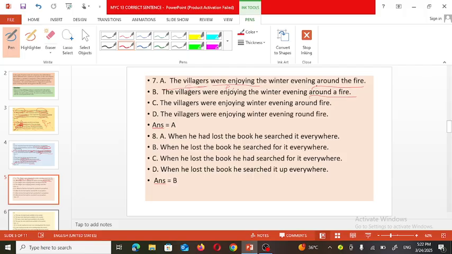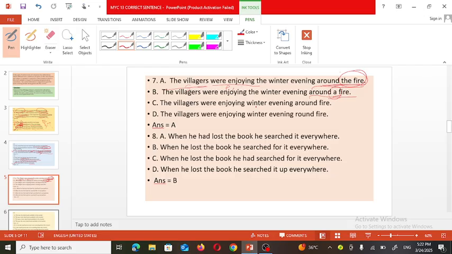Now it's a phrase, around the fire. Which fire? The fire around which these villagers have gathered, and that's why it is definite. So the definite article must be there, not the indefinite article. That's why a very small error is there in the sentence.